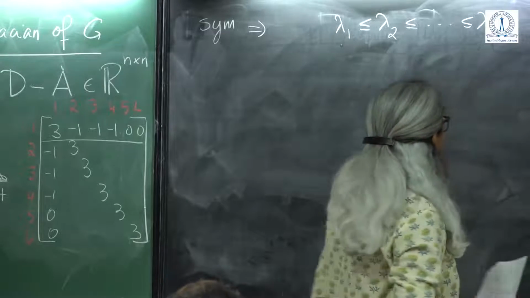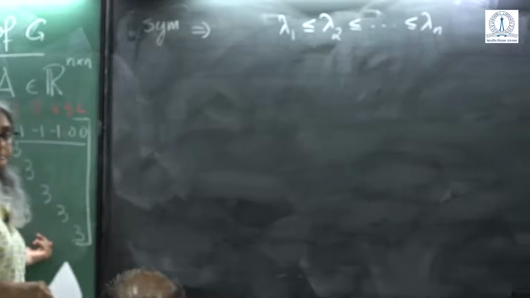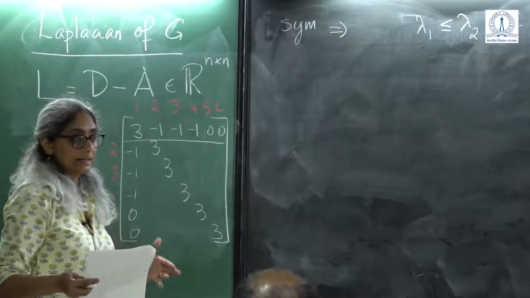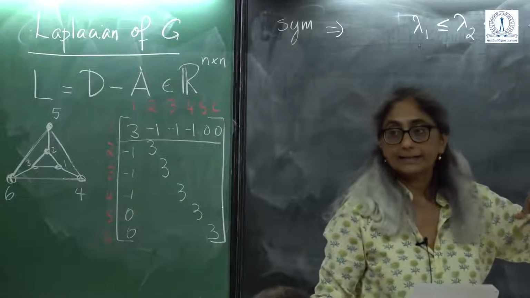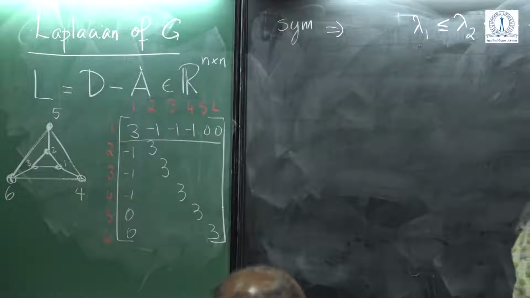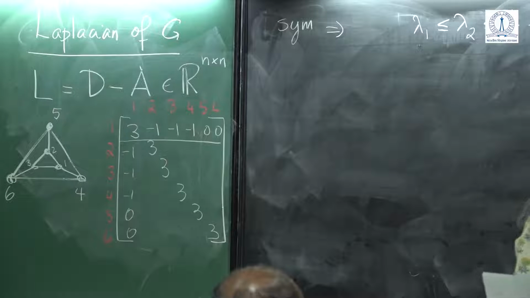What else do we know about this matrix? It is positive semi-definite. We'll prove that in a second. Positive semi-definite means that the eigenvalues are non-negative. That's one definition. That's the easiest definition to remember, but maybe the hardest definition to work with.